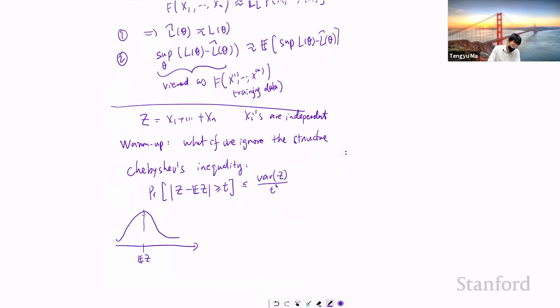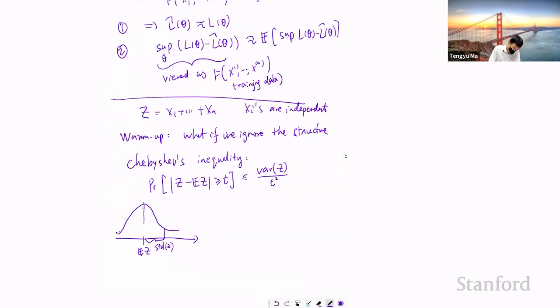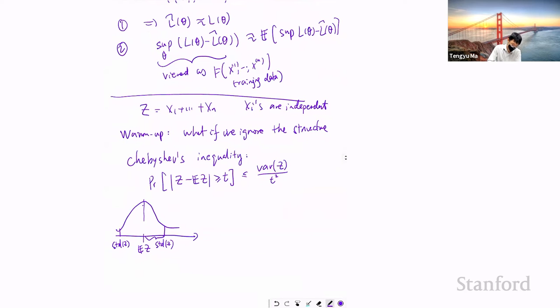Suppose you look at the standard deviation of z, and suppose you take t to be the standard deviation of z times 1 over square root delta. You plug this into the inequality.